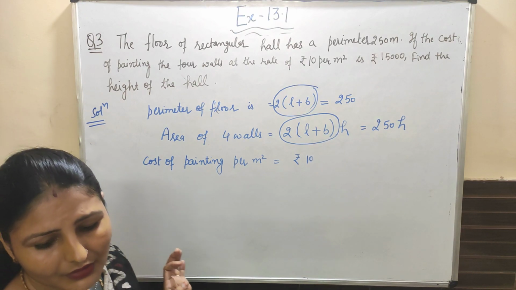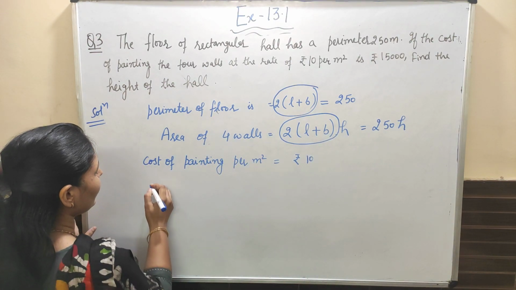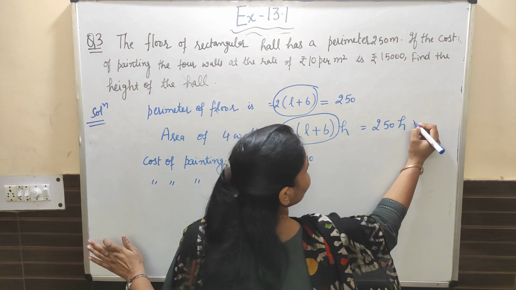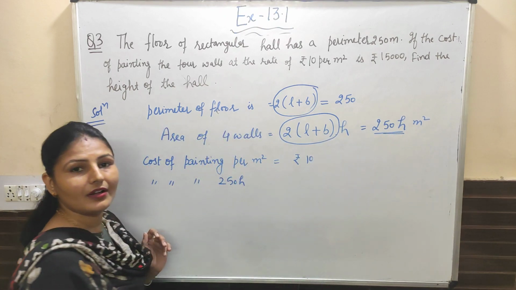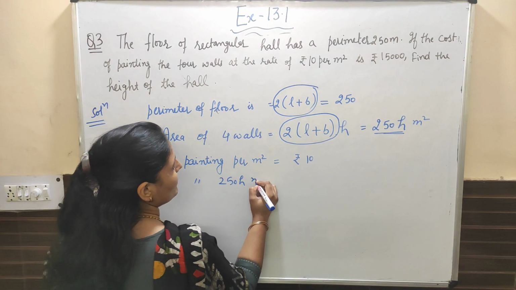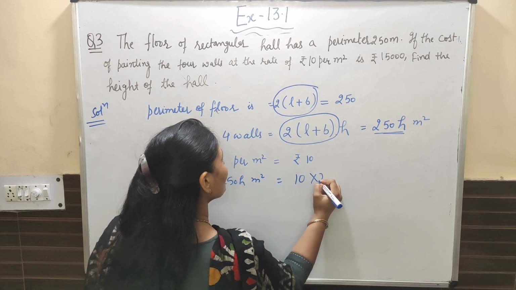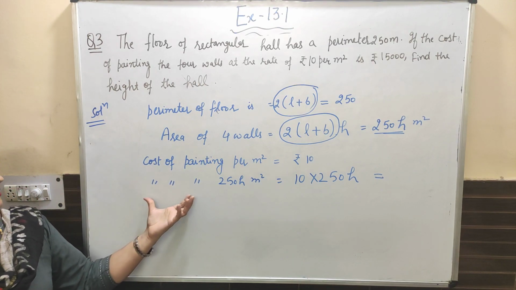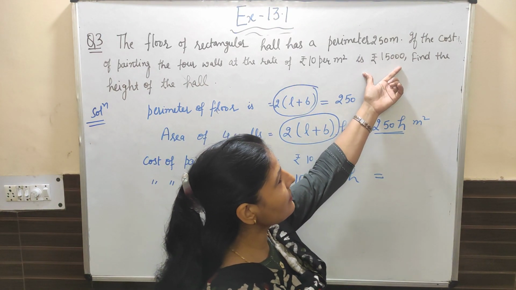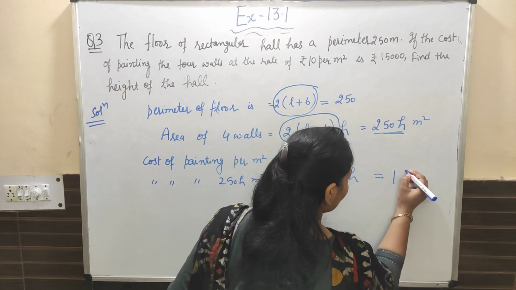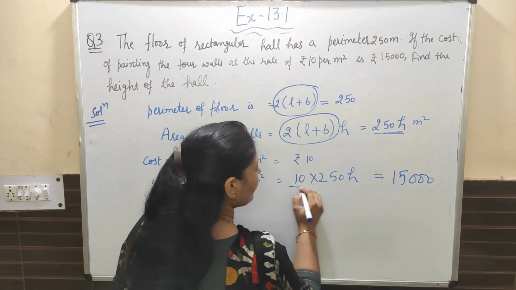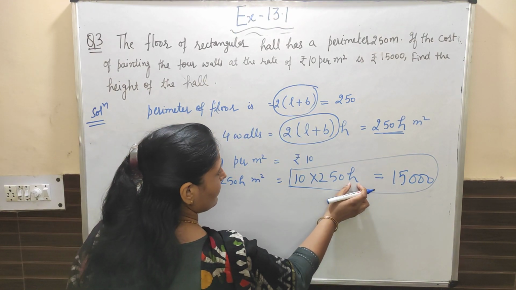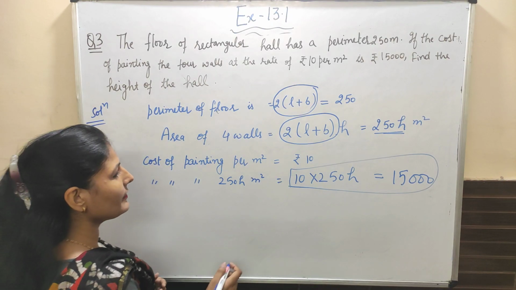Then the cost of painting 250H meter square, which is our area of 4 walls, will be 10 into 250H. Also it is given to us that the cost of painting 4 walls is 15,000. Here you get an equation and you can calculate it. You can get the value of H from here. Solve it.